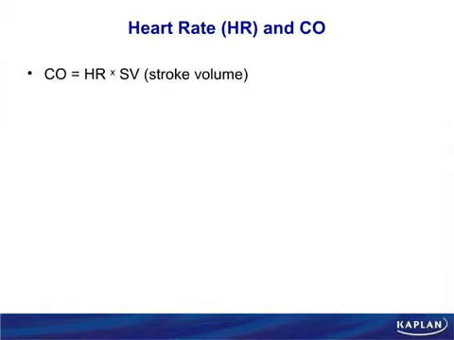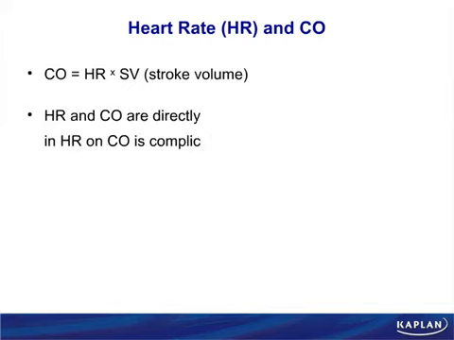Now what we're going to discuss are these 4 factors that determine cardiac output and how they work. Cardiac output is heart rate times stroke volume. So it makes sense that heart rate is going to impact cardiac output because it's one of the 2 factors determining cardiac output. In general, heart rate and cardiac output are directly related.